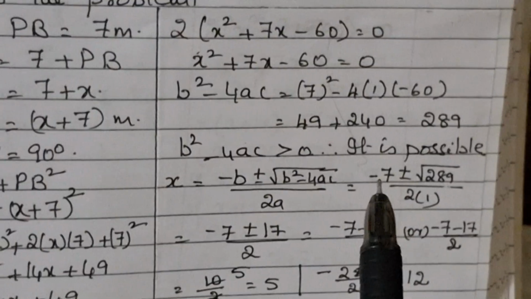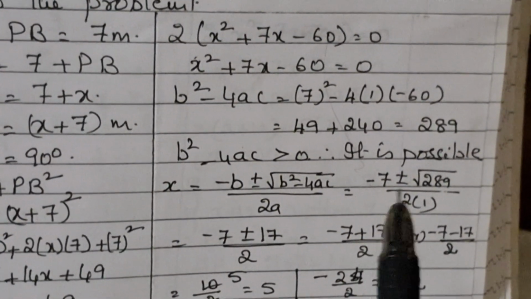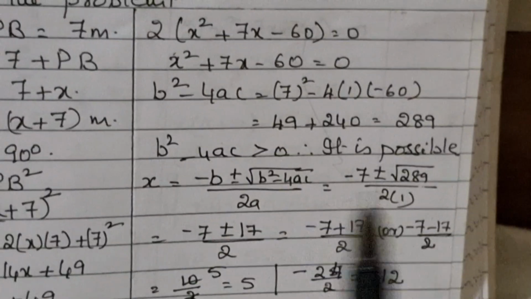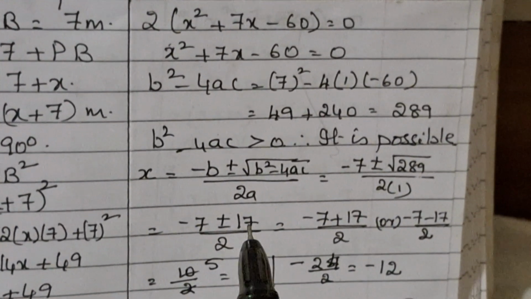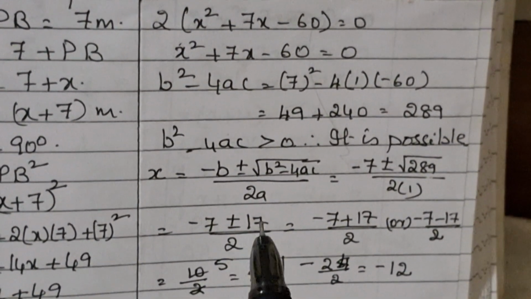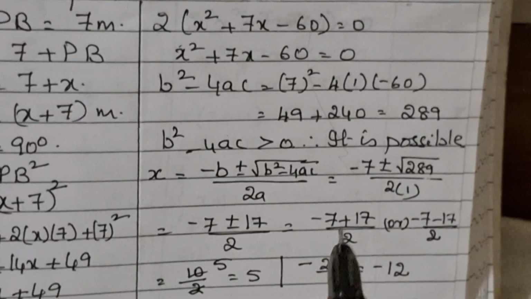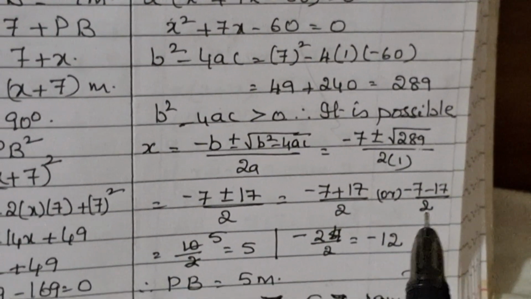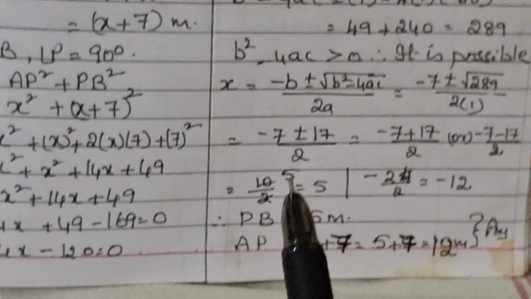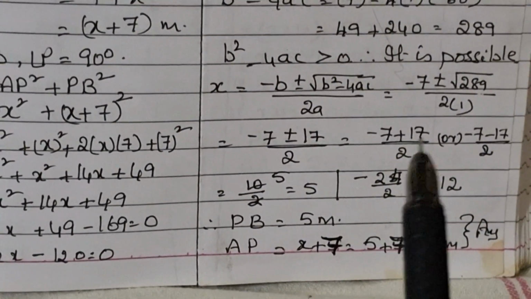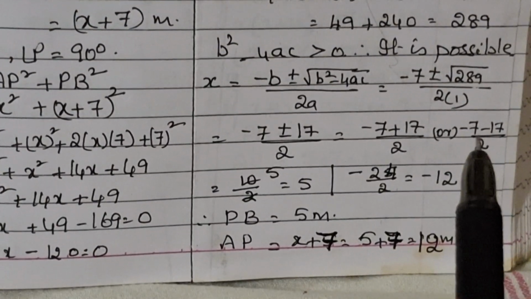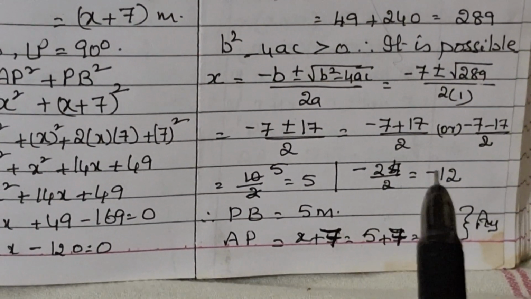So minus 7 plus or minus root 289 by 2. Root 289 means 17. So minus 7 plus 17 by 2 or minus 7 minus 17 by 2. That means minus 7 plus 17 means 10 by 2, that is 5, or minus 24 by 2, minus 12.